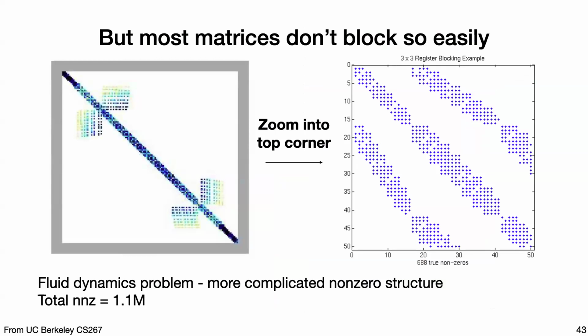Another issue is that not everything fits in perfect 8 by 8 blocks, or in general, R by C blocks. So with this other matrix, if you look at the structure, there's not really any block size besides 1 by 1 that would perfectly fit everything, because you have these empty gaps here.